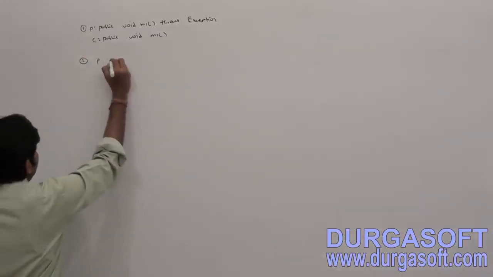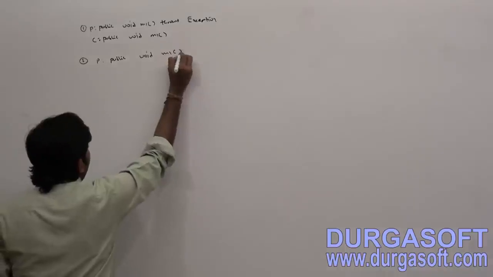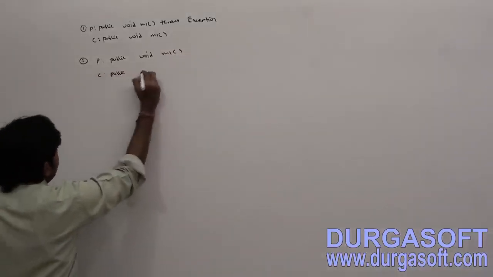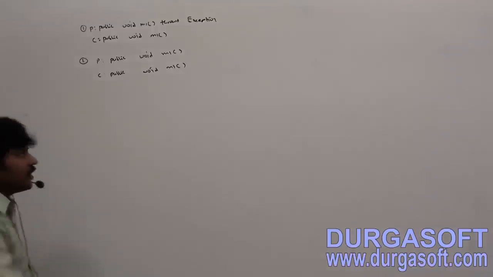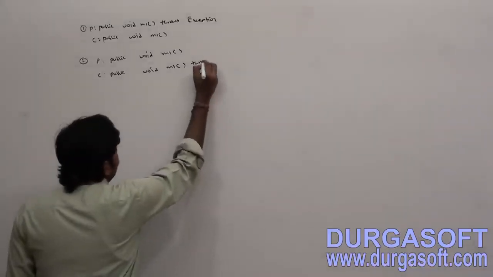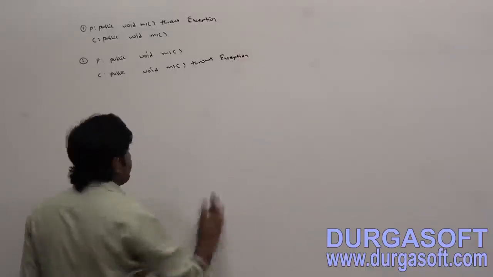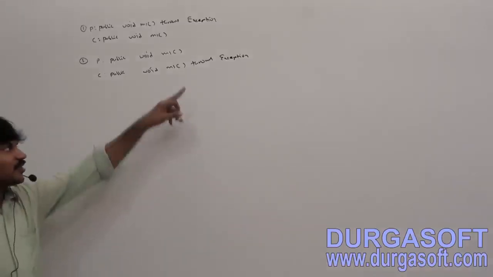Second one, parent class method public void M1. Child class method public void M1 throws Exception. Have you observed? The parent class method doesn't throw an exception, but the child class method throws Exception.